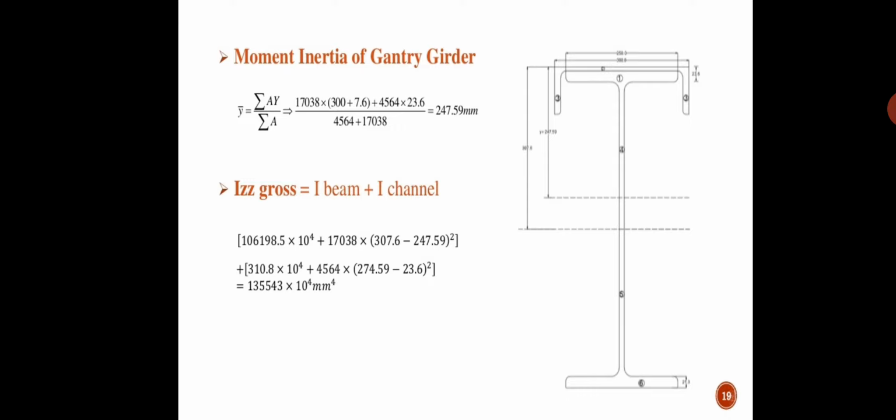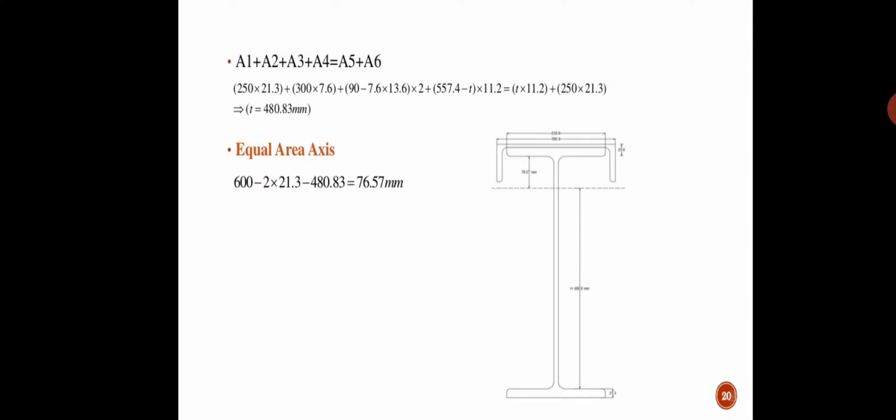So in our case we calculate 135543 into 10 raised to 4 mm raised to 4 for built-up IZZ. Next we take A1, A2, A3, A4 equal to A5, A6. So that equal area axis should be maintained.